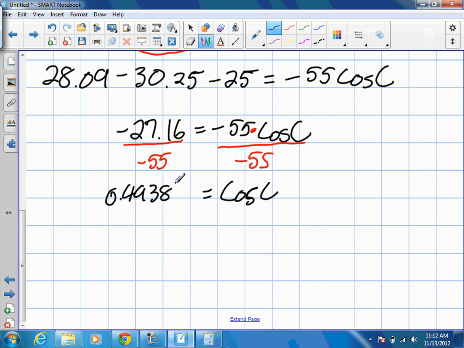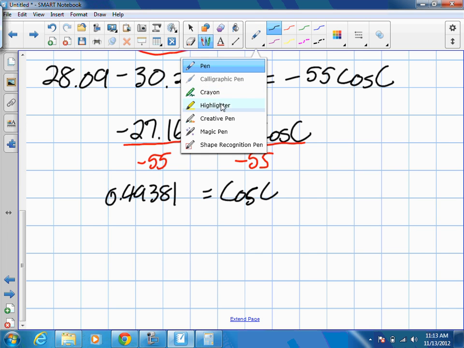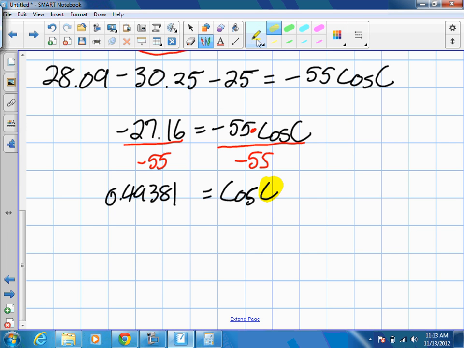0.49381. Now, in the last two examples, we never went through solving an angle. So, in order to solve this angle here, I still need to isolate C by itself. In other words, this cos, because it's a formula, has to come to the other side. Okay? That C is a number that we put into a cos formula. To move cos to the other side, do you know what you push on your calculator?